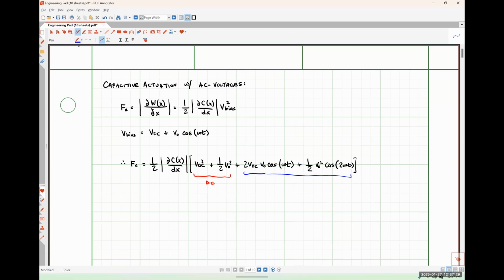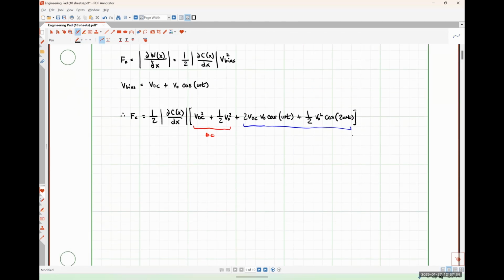All right, let's talk now about time harmonic actuation with a DC bias. This is a subsection of this.